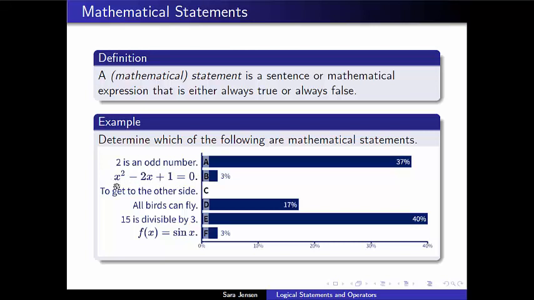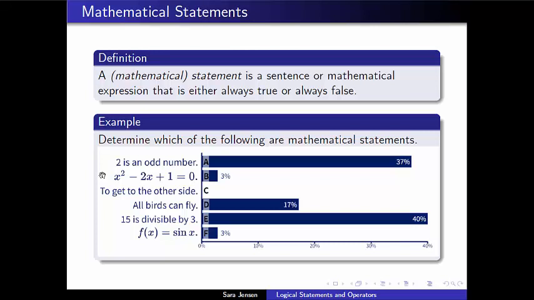But if x is equal to 2, 4 minus 4 plus 1 is not 0. And therefore, because this mathematical expression is either true or false based on the value that's attributed to x, this is neither always true nor is it always false. And that disqualifies this example right here from being a mathematical statement. So this is a perfectly fine mathematical expression to write down, but it is not a mathematical statement.